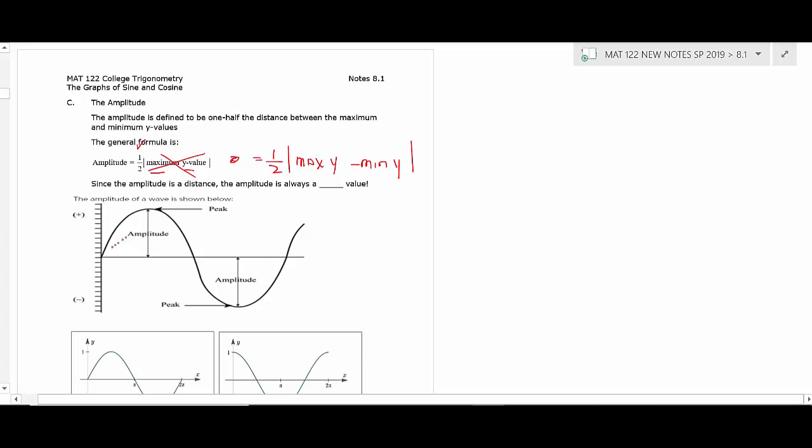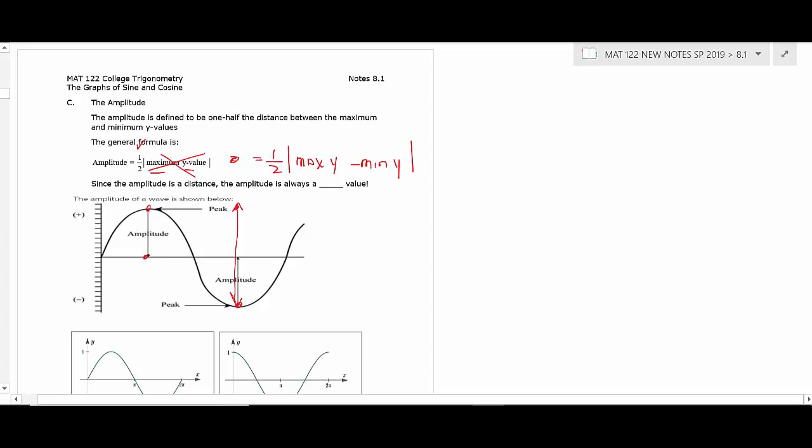So if you look at this diagram right here, you have a peak and a peak. So the amplitude would be half the distance from here to here. Okay, that's the distance from the max to the min, but that amplitude is always half that distance. So this is showing the amplitude from here to the x-axis.